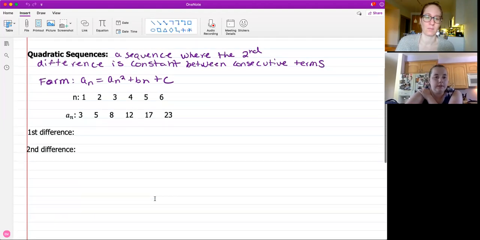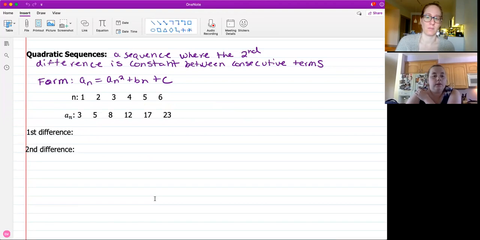So what the second difference means is we need to find the first difference first. We're going to take the difference between all of our a sub n's first. So we are going to have 2 here, 3 here, 4 here, 5, and a 6. And then we're going to take the difference again, and that is going to be our second difference.